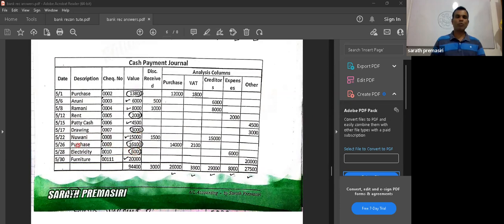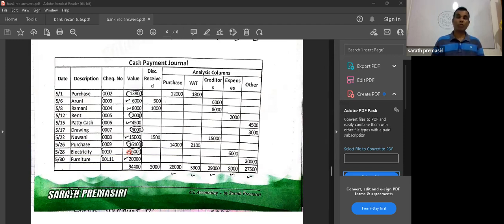This check is issued for the electricity bill. These checks have not been presented to the bank so far, so they contributed to the difference between the cash control account balance and the bank statement balance.